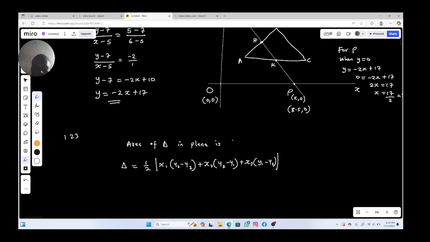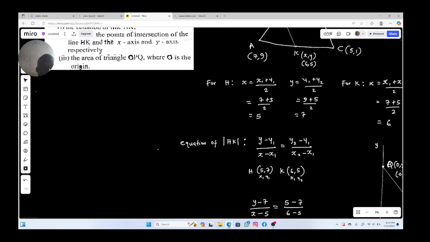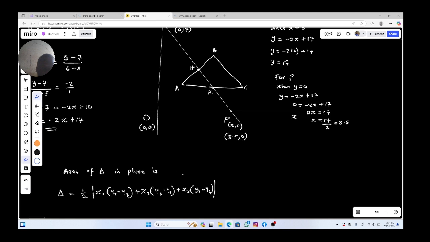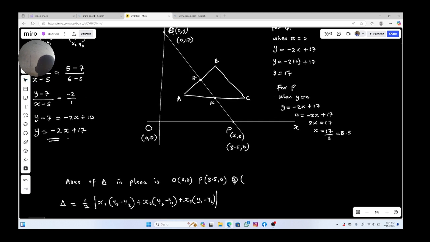So here they said triangle OPQ. O is 0, 0, then P is 8.5, 0, then Q is going to be 0, 17. So these are the three points that we have.